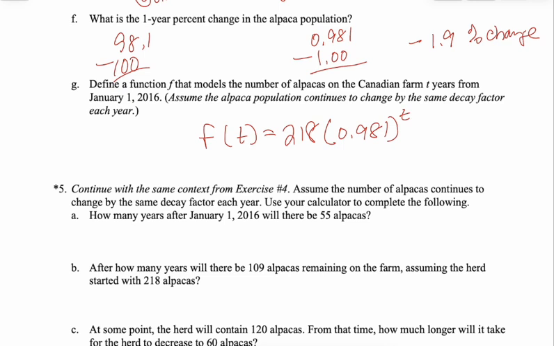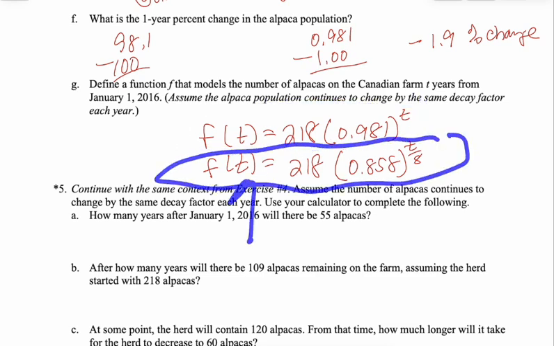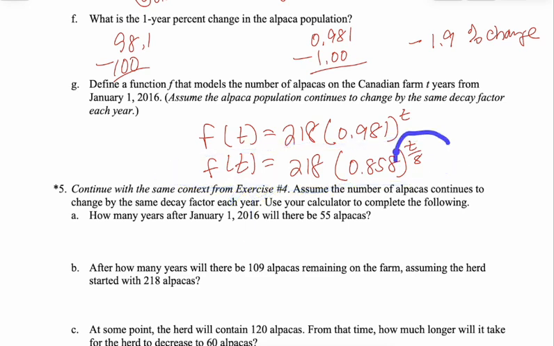Now, if we wanted to use the original, that 0.858, like if we never did the 0.858, and this t is in 1 year blocks instead of 8 year blocks, you just would take your t and divide it by 8. Those formulas are equivalent. I like this one a little better. This one, because you're inputting 1 year at a time, you have to divide by 8 for it to work.